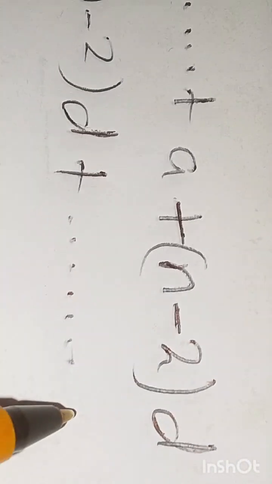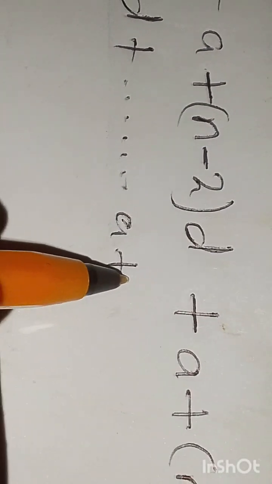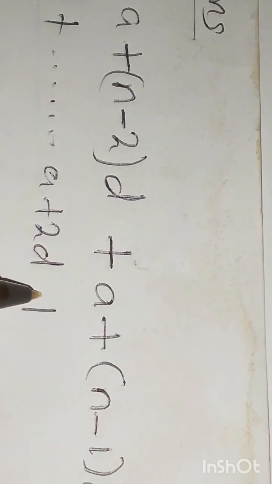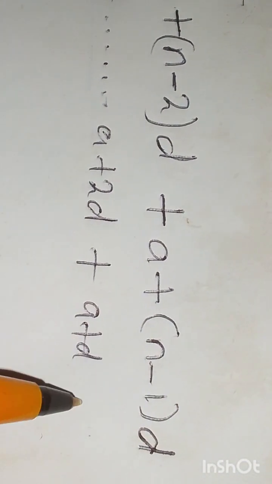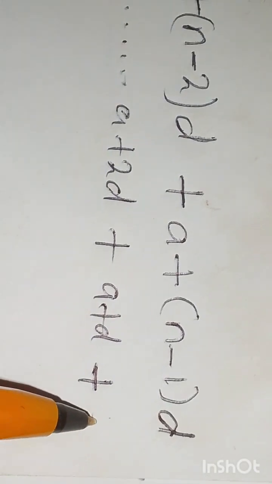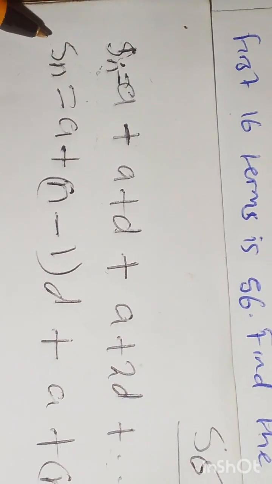Then, to the end, a plus 2d, then a plus d, then a, which is our first term. Here we started from the first, and here we started from the last.